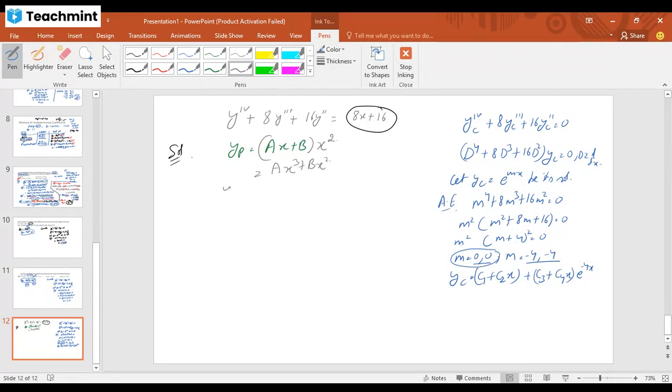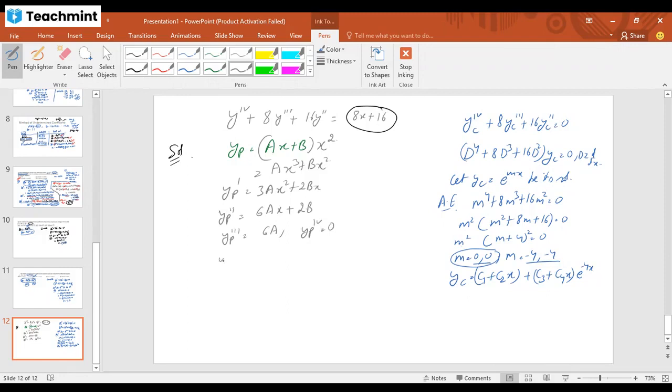If you calculate its first order derivative, it is 3ax squared plus 2bx. Its second order derivative is 6ax plus 2b. Its third order derivative is 6a. And its fourth order derivative is 0.